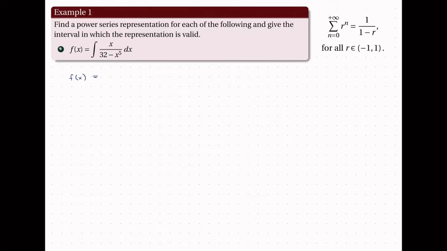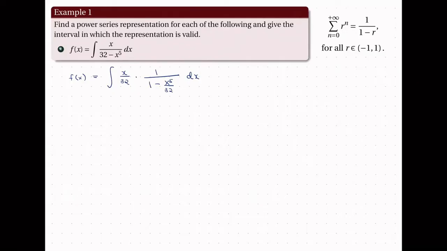So, we have f of x equals the integral of x over 32 times 1 over 1 minus x raised to 5 over 32 dx. Okay?